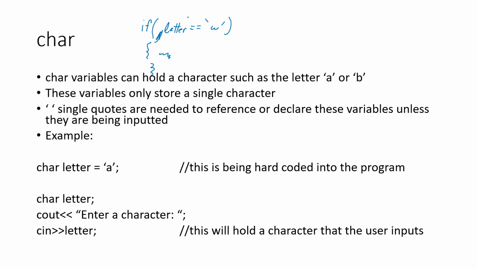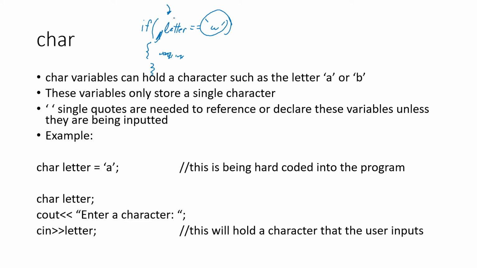What it's saying here is, if whatever we inputted into this letter is equal to 'w', then we can execute any of these statements, right? But if our character is something other than 'w', it will not execute these statements. So this is just an example of using single quotes to reference a character or letter.